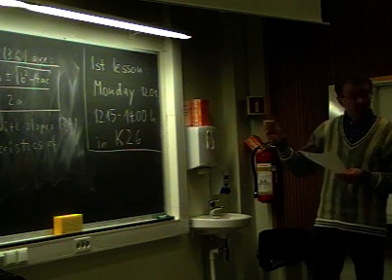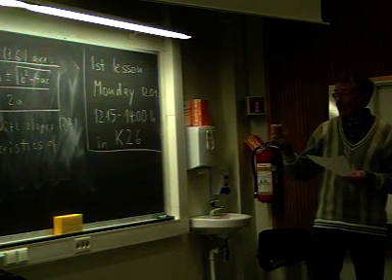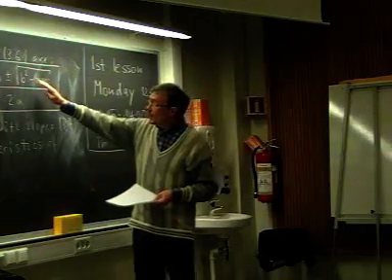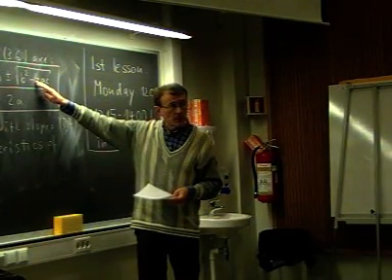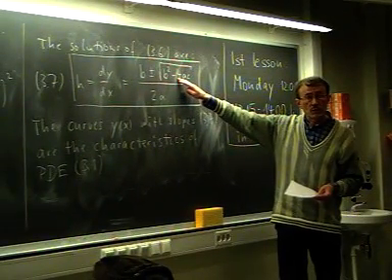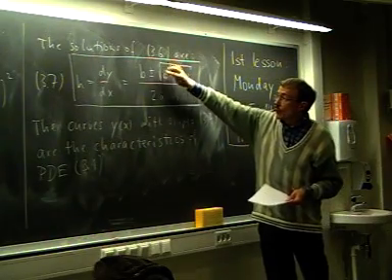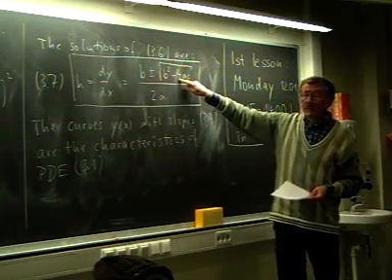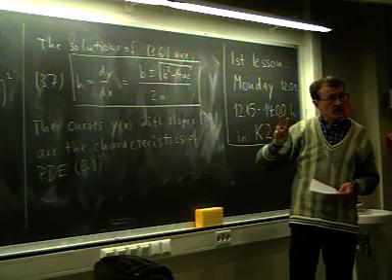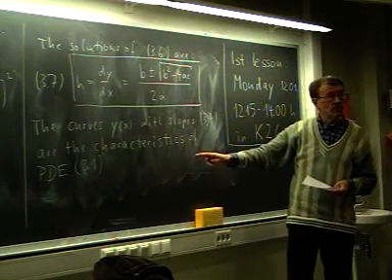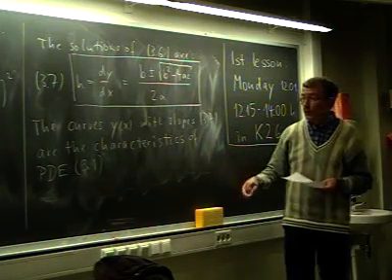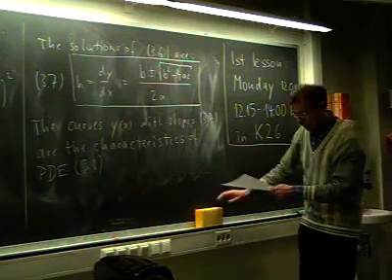But from this point on, we can now classify the PDEs, because depending on the discriminant, we have either two solutions if b squared minus 4ac is greater than 0. If it's 0, we have just one solution. And if this is negative, we have no real solution. These three cases determine whether the PDE is hyperbolic, parabolic, or elliptic. So then we have a classification. Let me write that.